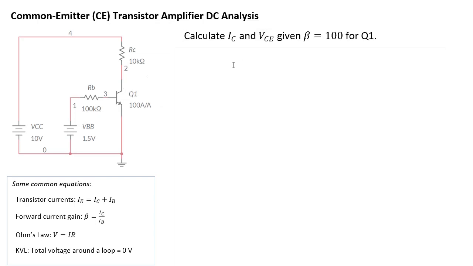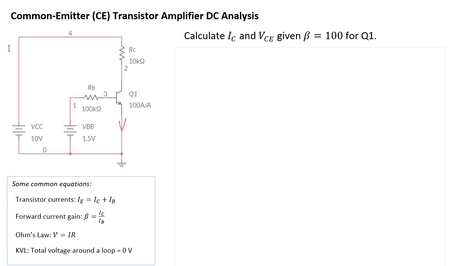As usual in questions like this, the first thing you have to do is start labeling currents and voltages so that we know what we're talking about. First, I'm going to label some currents. This is an NPN transistor, so this is the emitter, and this part is IE.